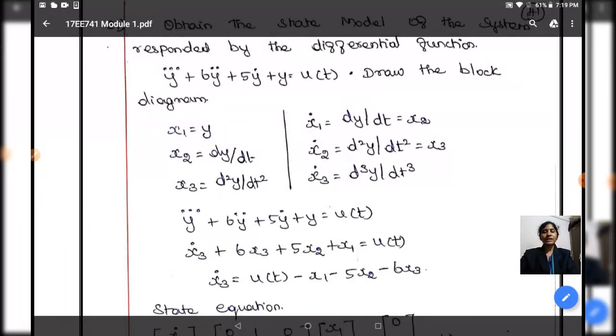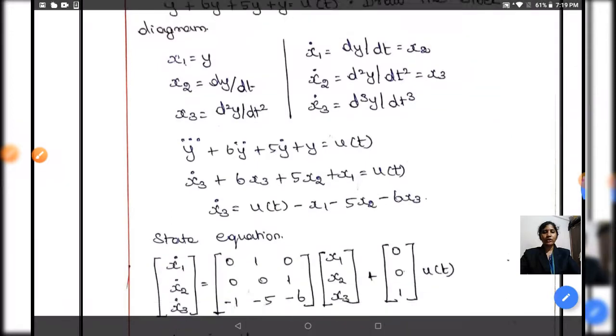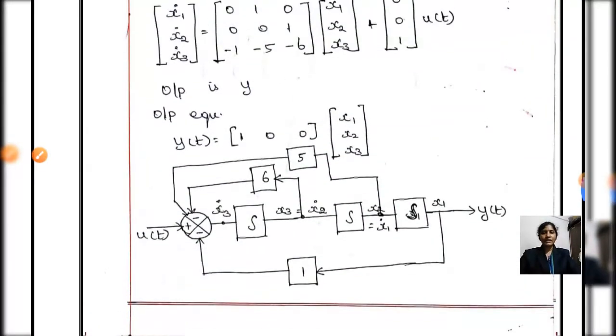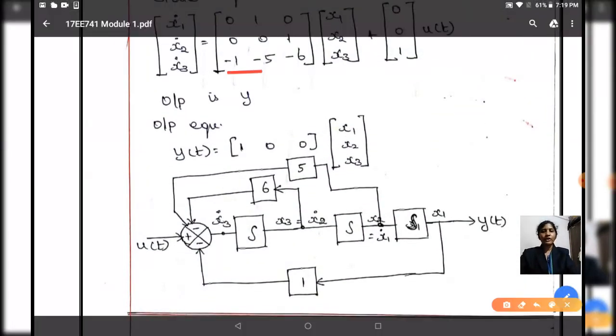That is, it contains the negative coefficients of your differential equation. So like this, we can verify the answer in case of the phase variable method solved by the differential equation method. That is, the last row will contain the negative coefficients contained in the differential equation.